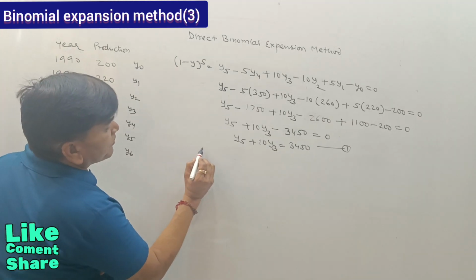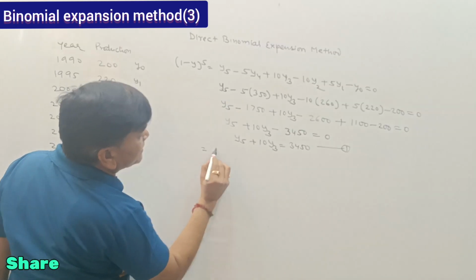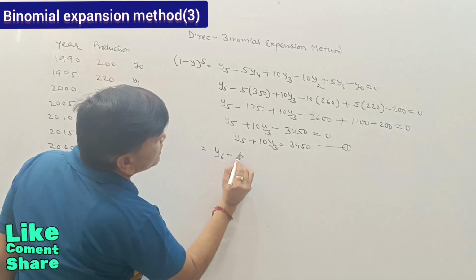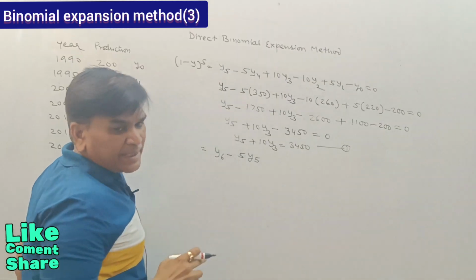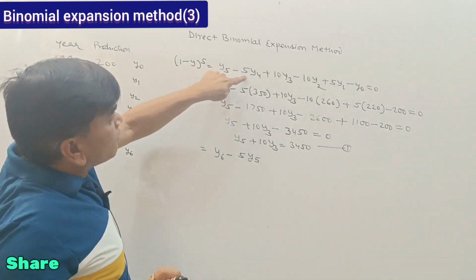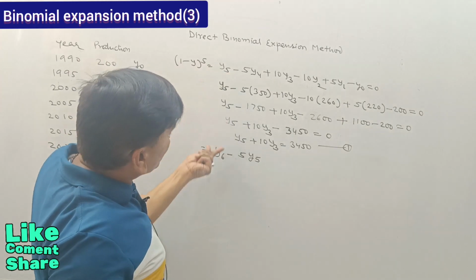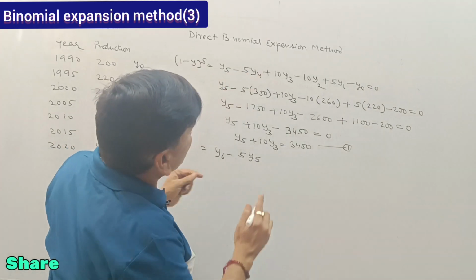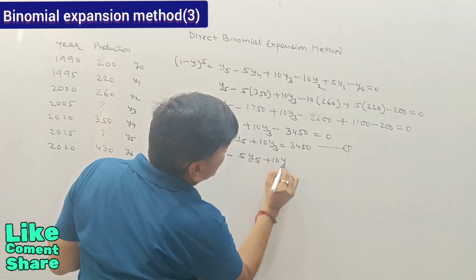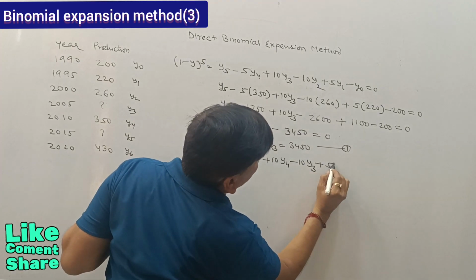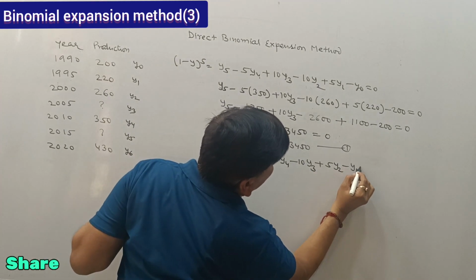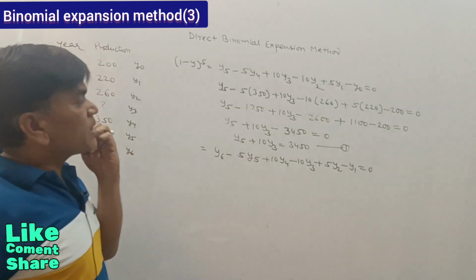Now we are putting y6 minus 5y5 plus 10y4 minus 10y3 plus 5y2 minus y1 is equal to 0. Two missing values are there.